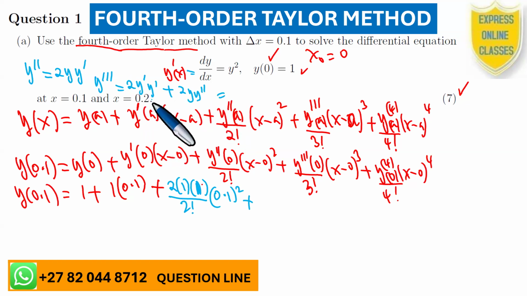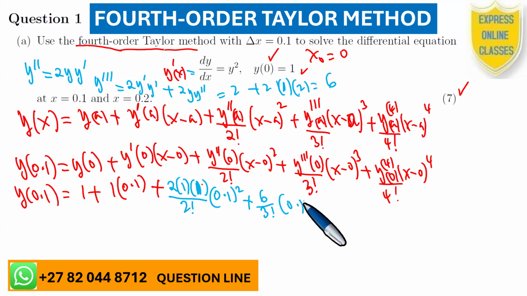So the y triple primed at 0 is going to be 2 times 1 times 1 plus 2 times y0, which is 1, times y double primed at 0. Y double primed at 0, we got exactly what? You have y0, which is 1, and y double primed, which is 1, so it is 2. So this one is 2. And then 2 times 2 is 4 plus 2 is 6. So this one is going to be 6 divided by 3 factorial, and then it is 0.1 cubed.